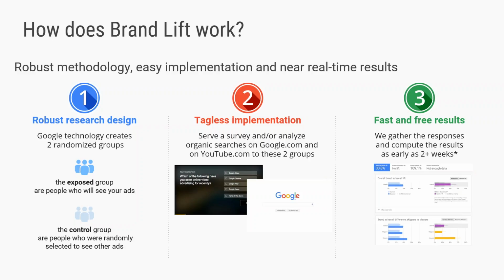The control group will not see the ad, whereas the exposed group will see the ad. But when the time comes, the survey is shared with both sets of audiences, and based on what these two groups respond, the uplift is measured.